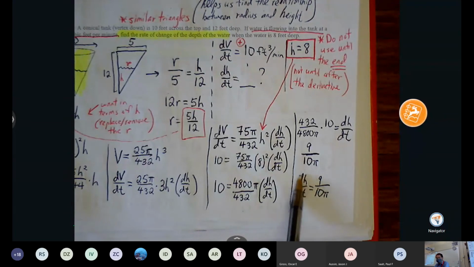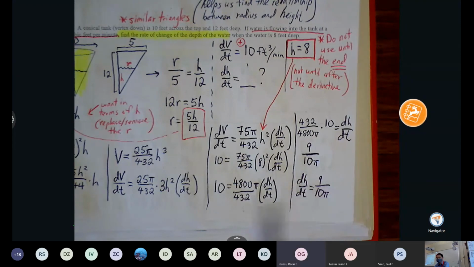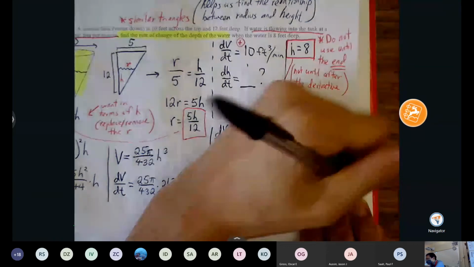Height is in terms of what unit? Feet, yeah. It's a one-dimensional unit, right? Only area and volume do we do anything additional. One-dimensional unit, so just feet, and then time is what? Minutes, yeah. Feet per minute.